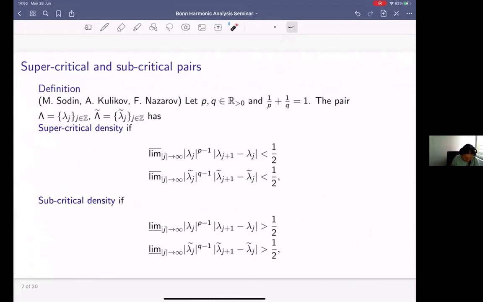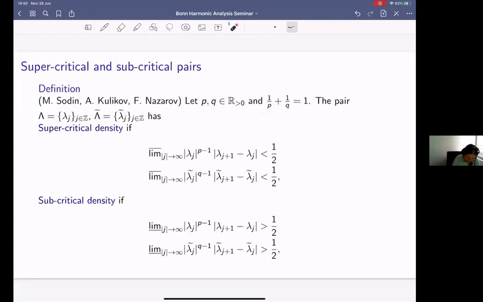And so as I promised, here is a definition of supercritical and subcritical pairs as given by Sodin, Kulikov, and Nazarov. So we are fixing two positive numbers P and Q. And we assume that P plus 1 minus P plus 1 minus Q equals 1.